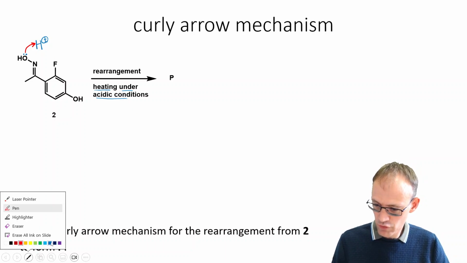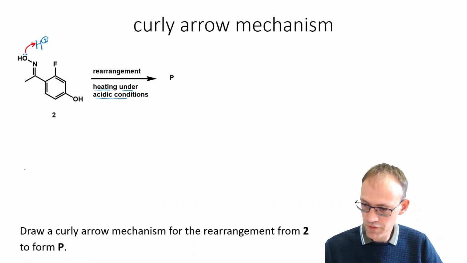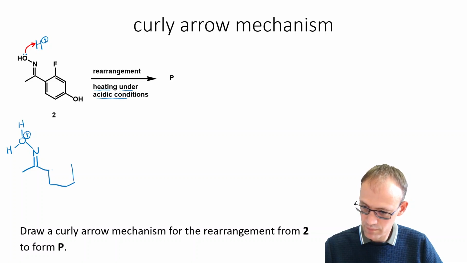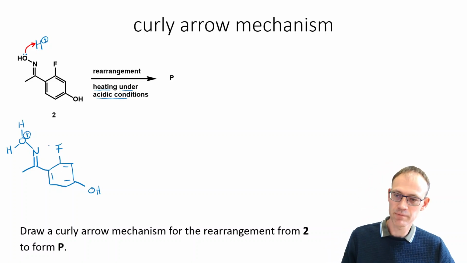So if we now draw the result of this particular protonation, what I get is this protonated intermediate here.